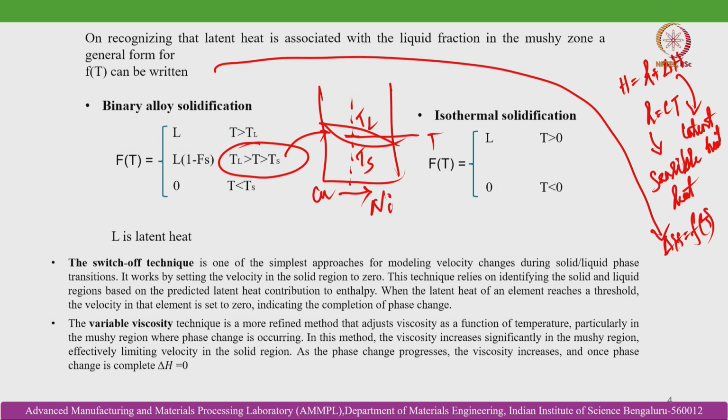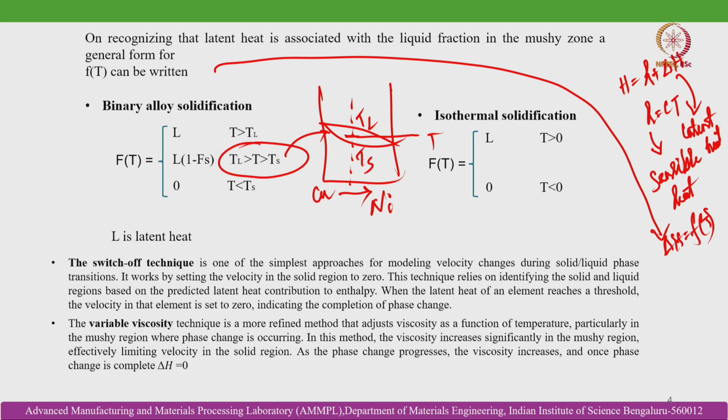This is the situation. This is how we can do the formulation for latent heat. And then we can apply the switch off technique, which is one of the simplest approaches for modeling velocity changes during solid liquid phase transitions, and it works by setting the velocity in the solid region to 0.